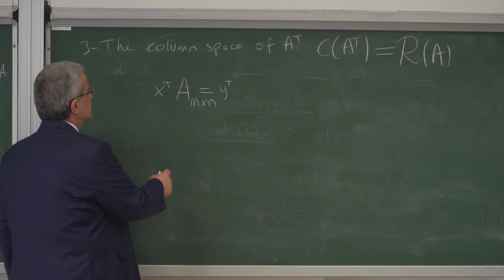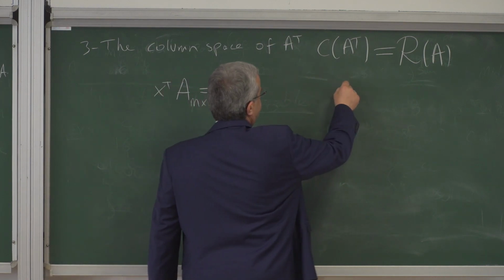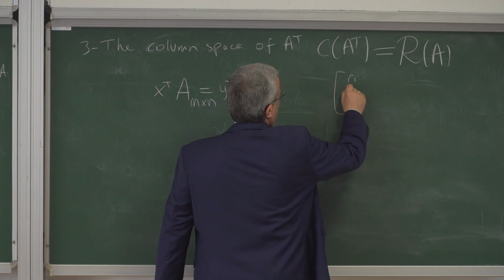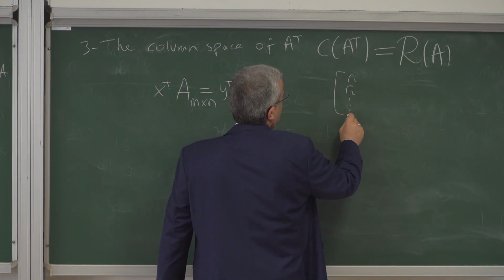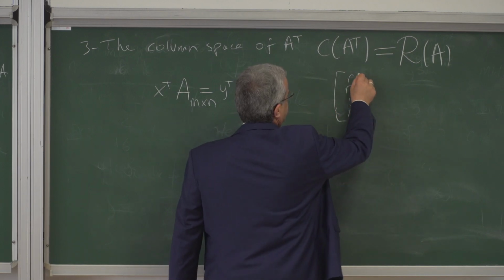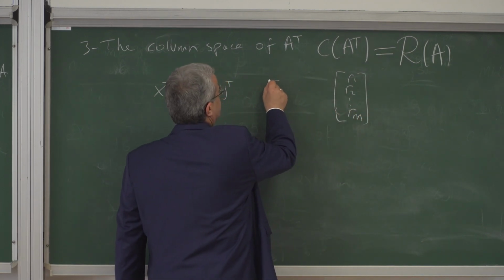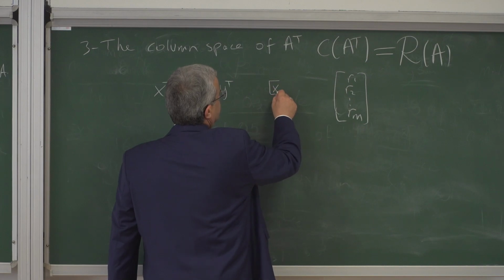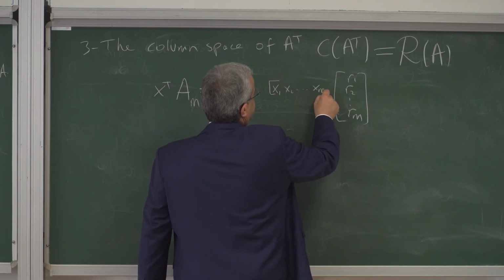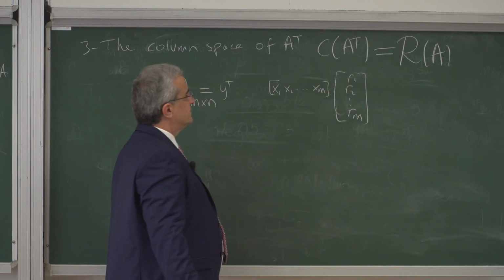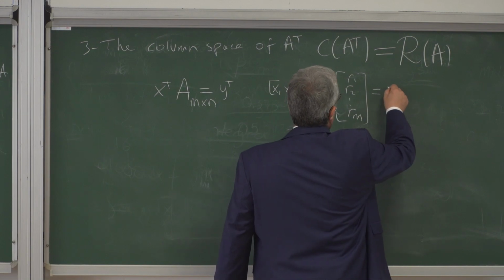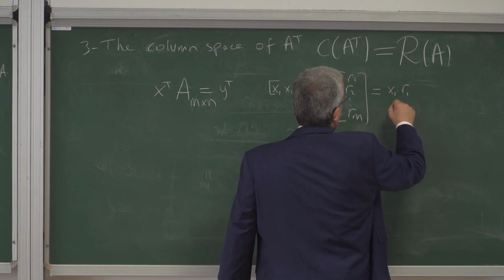So in other words, you have row 1, row 2, and so on. How many rows do I have? Row m, right? So you multiply this with x1, x2, up to xm. What will this give you? x1 times r1.